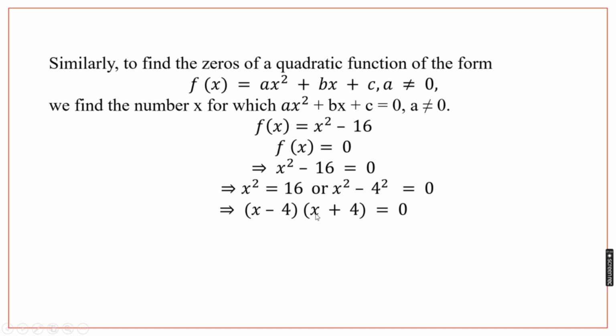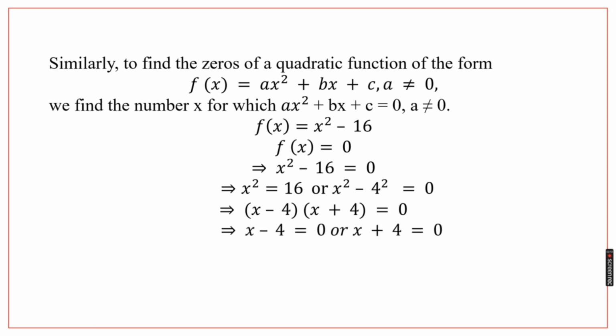This is the same, because x times x is x squared, x times 4 is plus 4x, negative 4 times x is negative 4x, and negative 4 times 4 is negative 16. Yes, it is the same. It is simply factored to make it easier to understand.